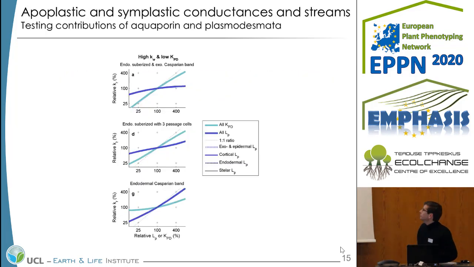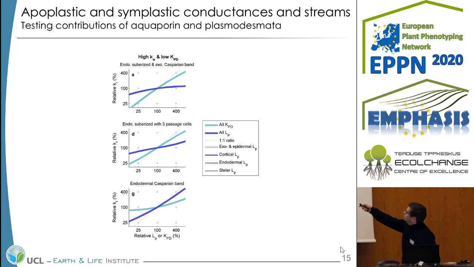I can't tell more about this story because it's a very long one, but the sort of thing we can do is a simulation step, to play with the parameters. For example, if we play with the conductivity of the plasmodesmata, we see the effect on the radial conductance. Here we have a situation of development where the endodermis is suberized and we have an exodermis and a Casparian band.